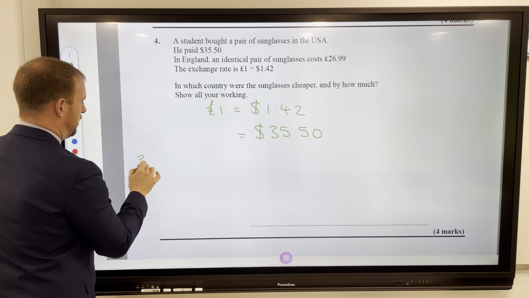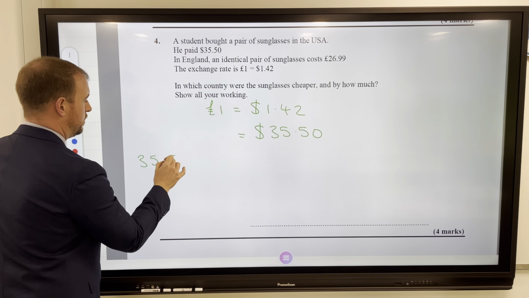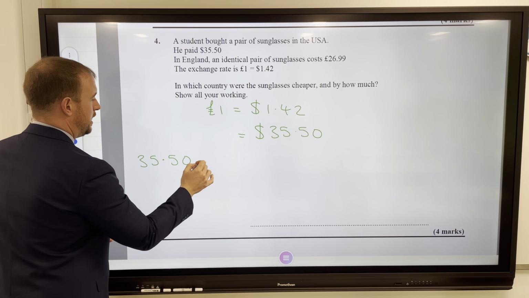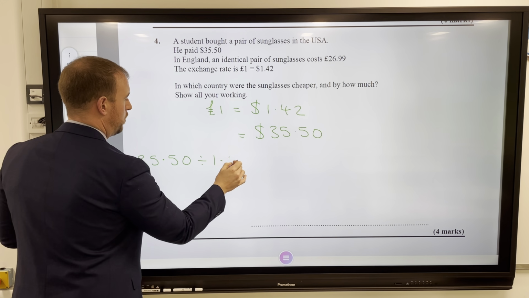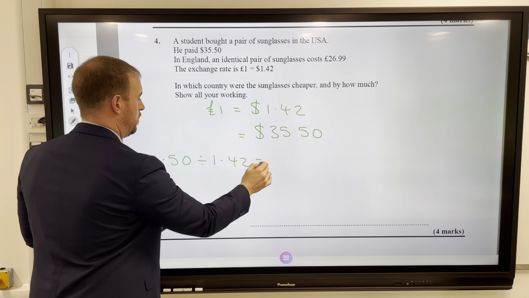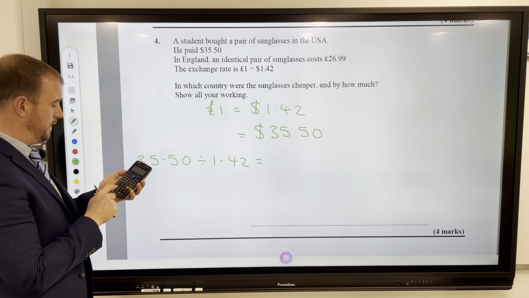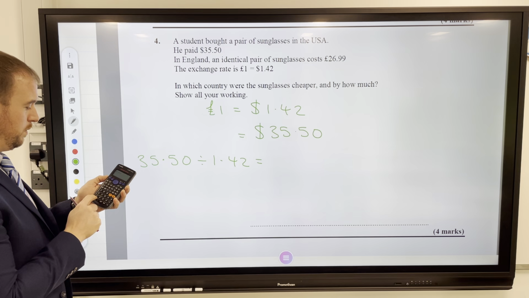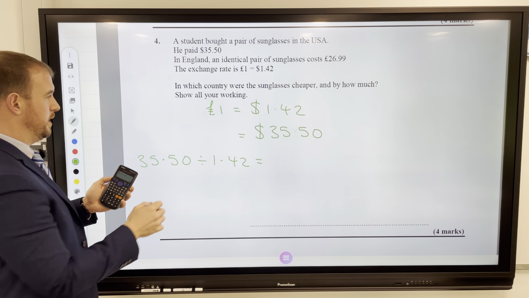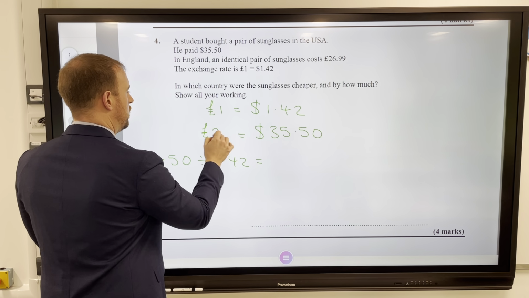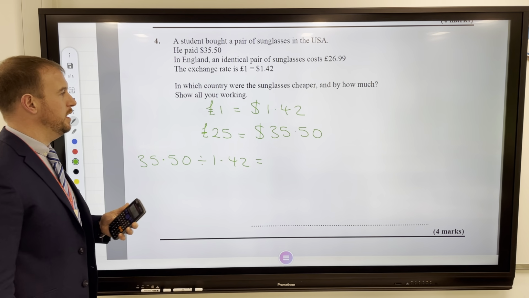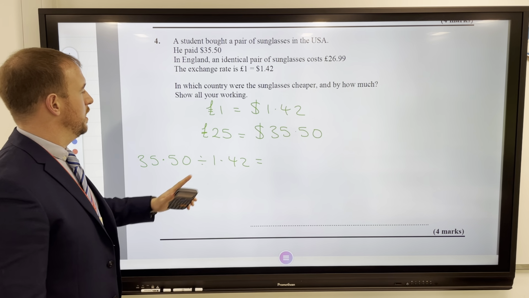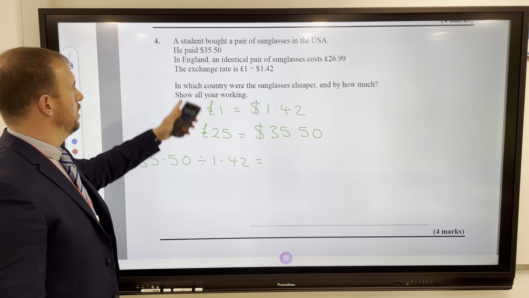So $35.50 divided by the 1.42 on your calculator: 35.5 divided by 1.42 is 25. So with that exchange rate, those sunglasses were £25.